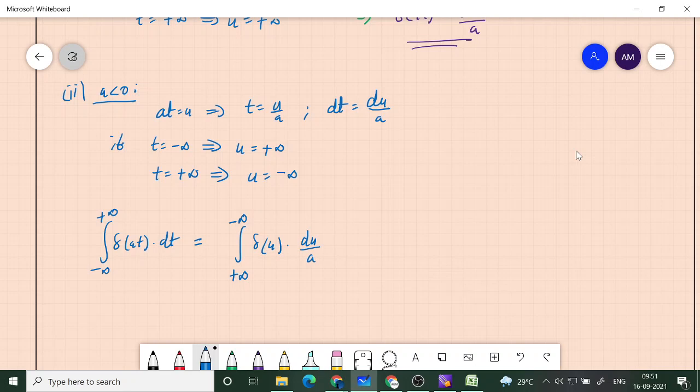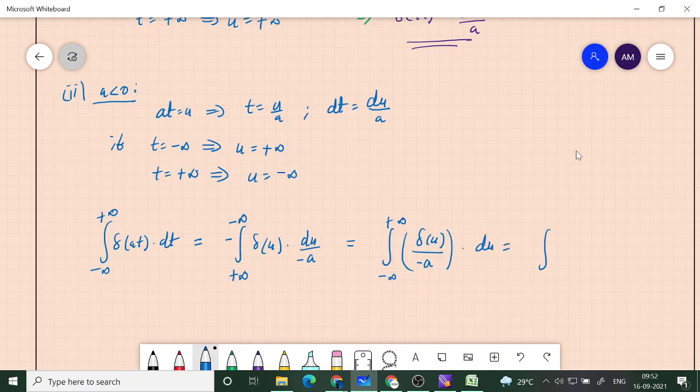Now a is a negative number. If I introduce a minus sign explicitly, in numerator and denominator, I multiply with a minus sign, and then I absorb this minus sign into the limits, so that it becomes minus infinity to plus infinity, and delta of u by minus a. a is a negative number, minus a is a positive number, so I can say this is the modulus, or I can say it is minus a itself, and then I put it like this.